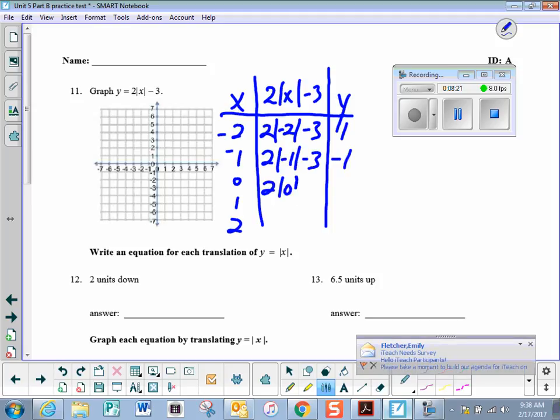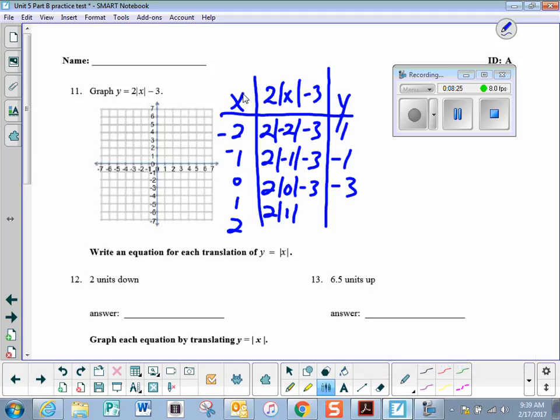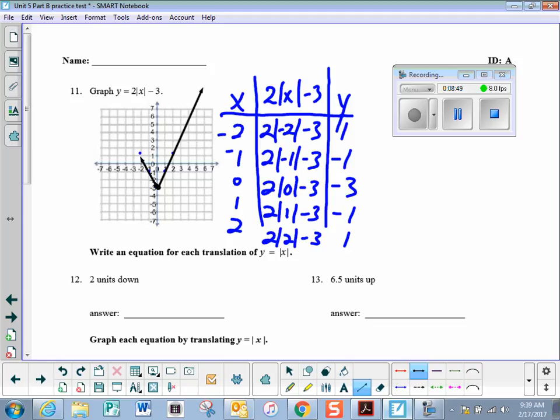Here we're going to get -3. Here we're going to get -1. And here we're going to get 1. So then we have -2, 1, -1, -1, 0, -3. So it's similar to the parent graph, but it's taller and skinnier because it increases twice as fast. So this one should look just like that.